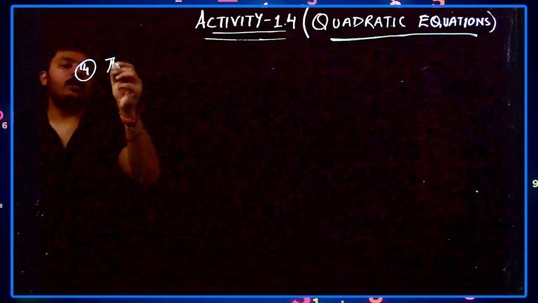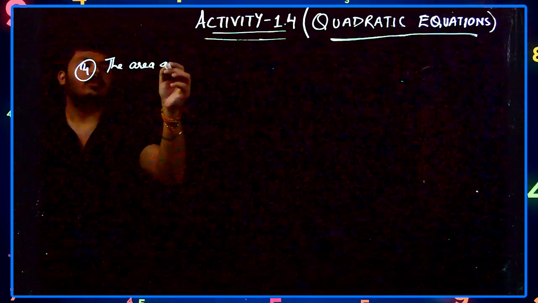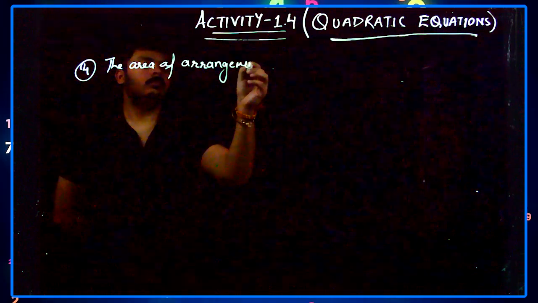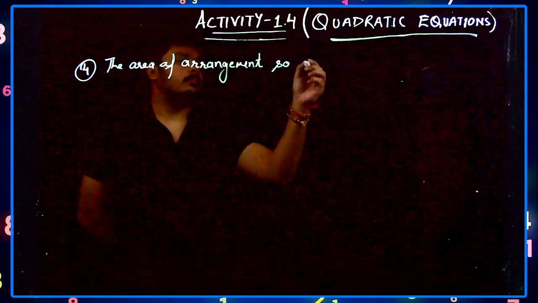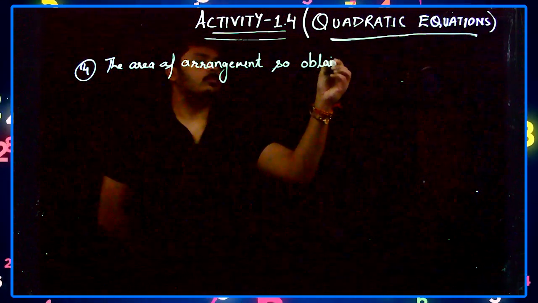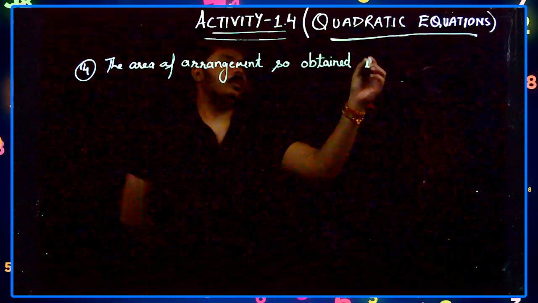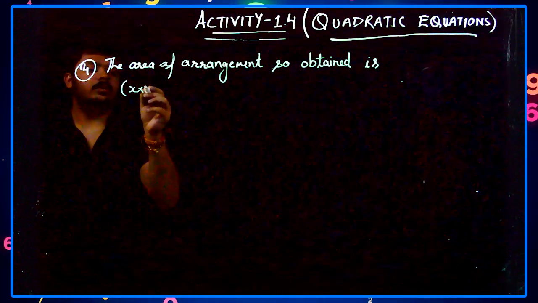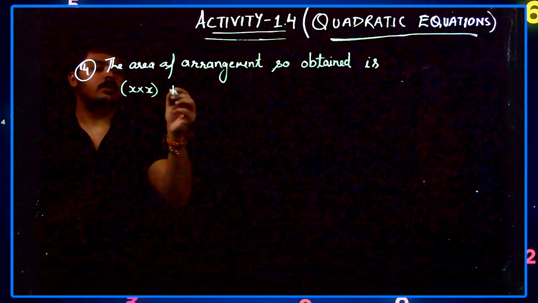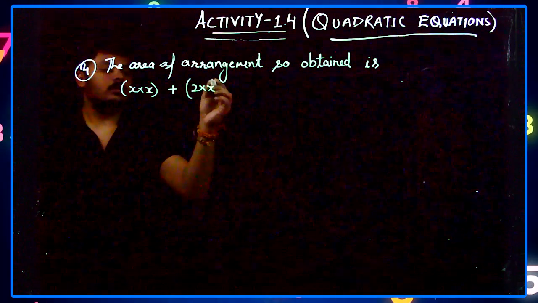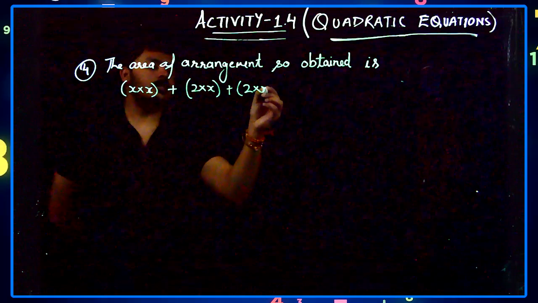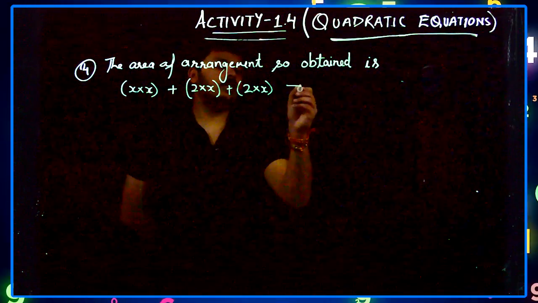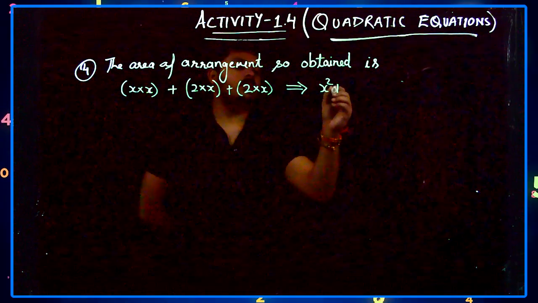That is x into x, our square grid, plus 2 into x plus 2 into x, our 2 strips of dimension 2 into x, which can also be written as x square plus 4x.